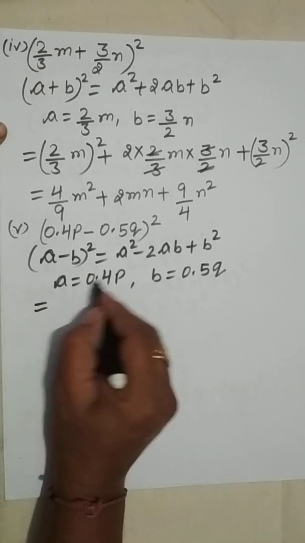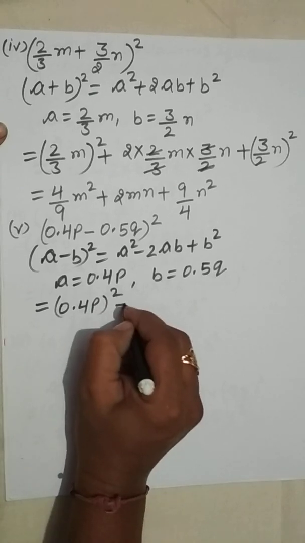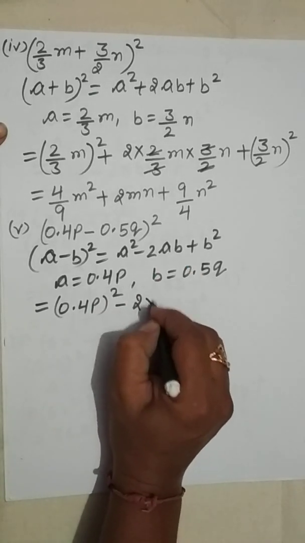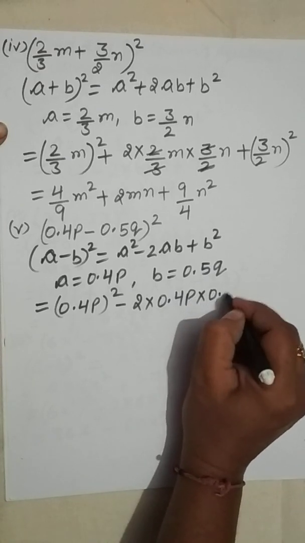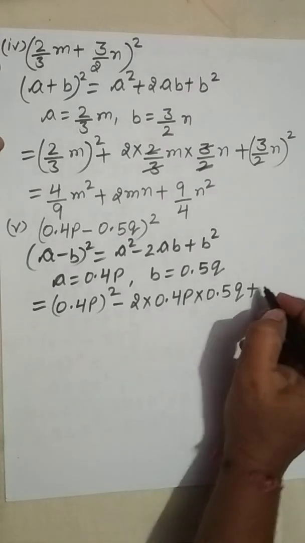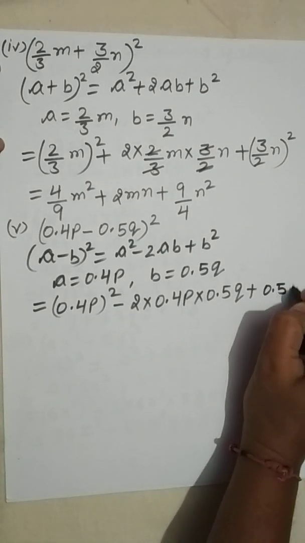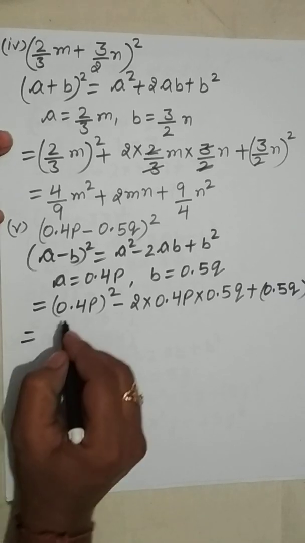Substitute the values. A is (0.4p) square minus 2ab, that is 2 multiply 0.4p multiply 0.5q plus (0.5q) square. Now do the simplifications.